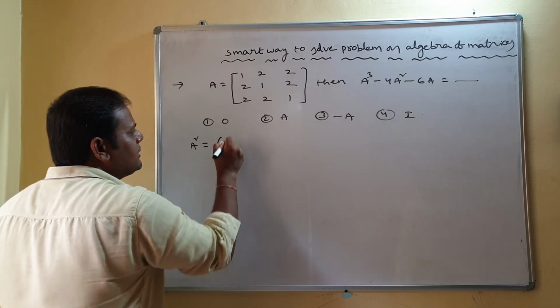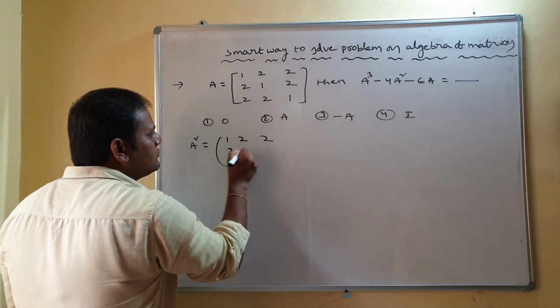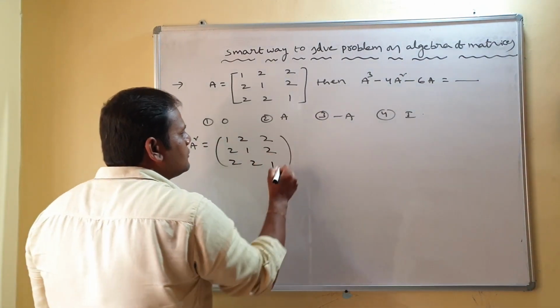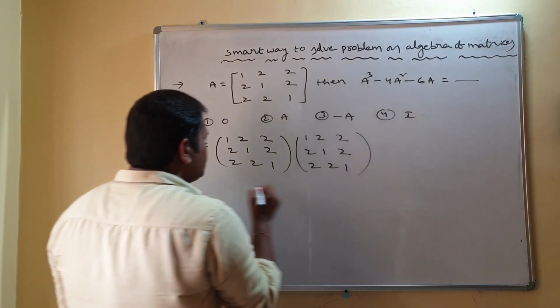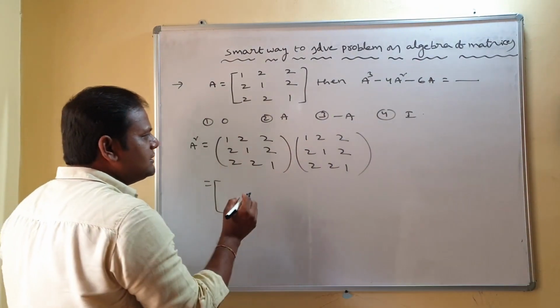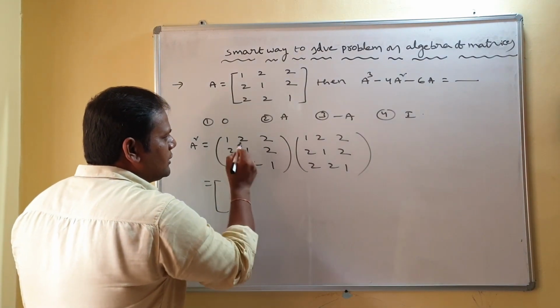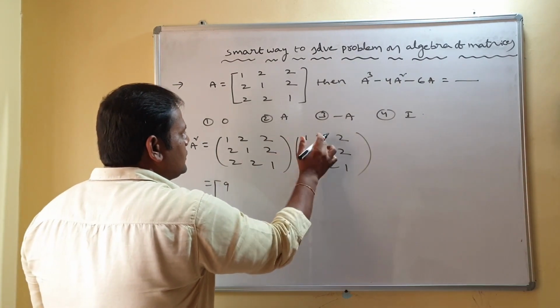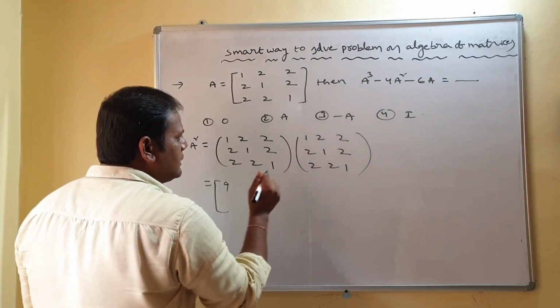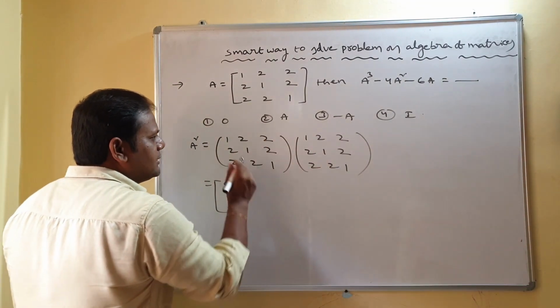So what is A square? A into A. So 1 2 2, 2 1 2, 2 2 1, times 1 2 2, 2 1 2, 2 2 1. You multiply these two matrices. So 1 plus 4 plus 4, what is it? 9. Then 1 2 2 and 4, so it is 8.